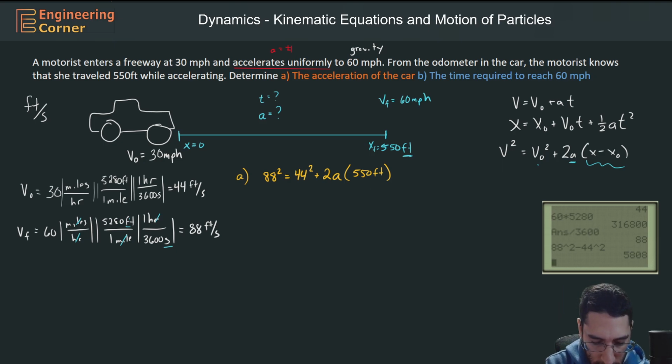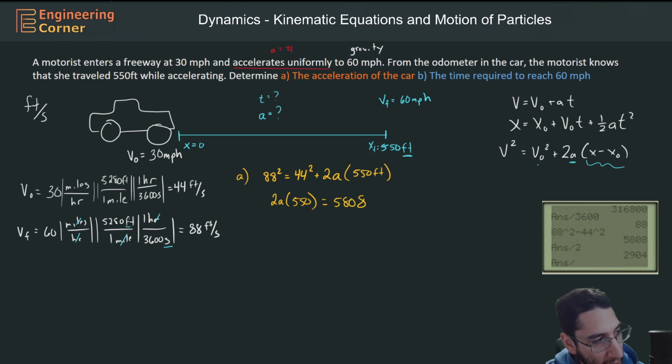So 2a times 550 is equal to 5,808. So then we're just going to divide by 2. We're going to divide by 550. And we get that my acceleration is 5.28. And this is feet per second squared.